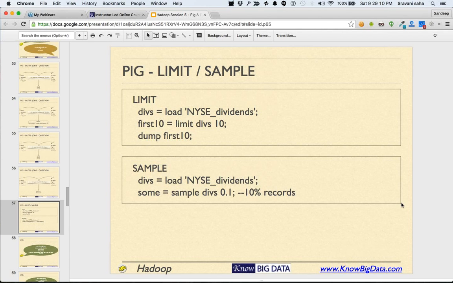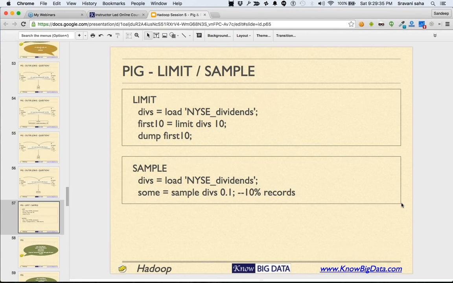Now, one of the things which is probably not there in the database is sample. Sometimes you want to take a small percentage of records from a big data set, and you want to run your test cases on top of that. In those cases, sample comes very handy.